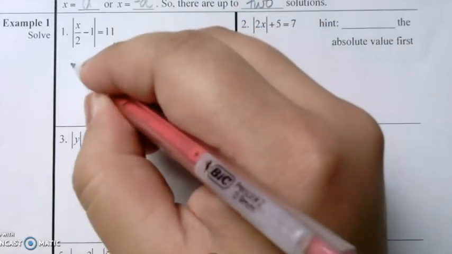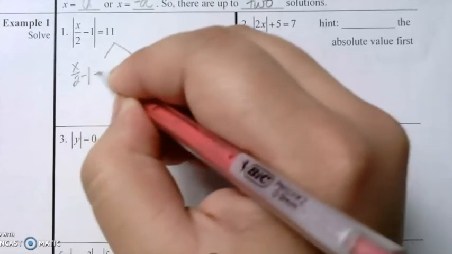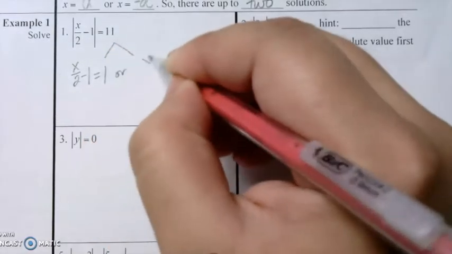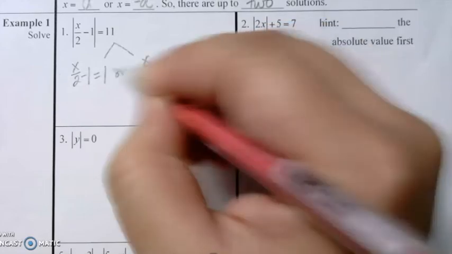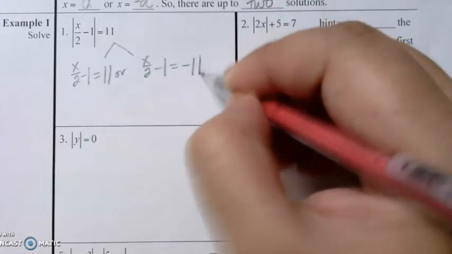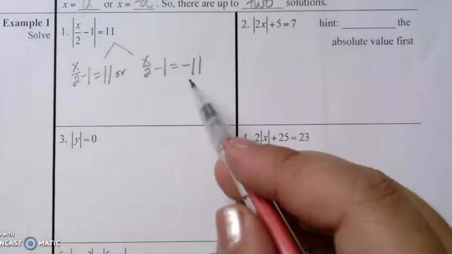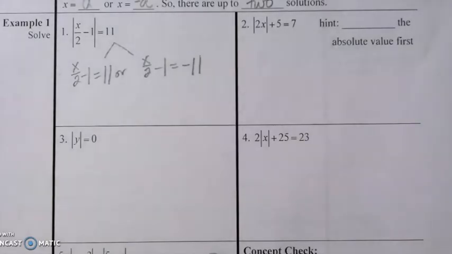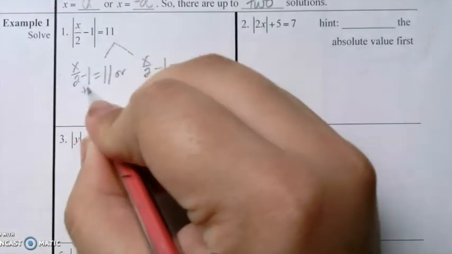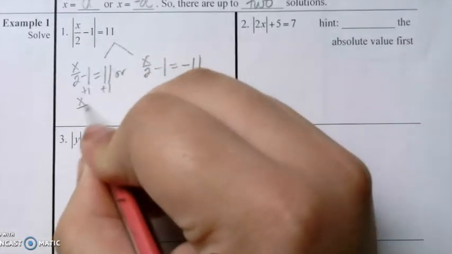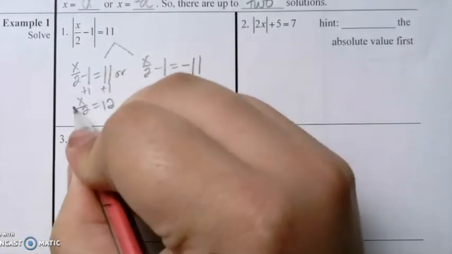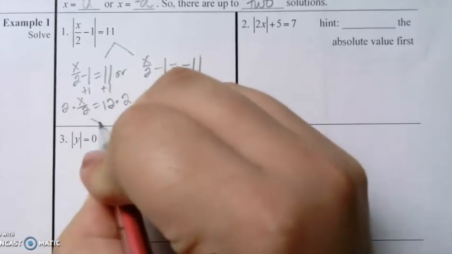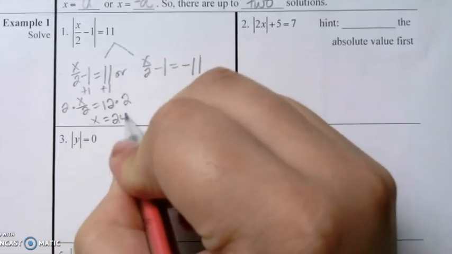So we can say that x over 2 minus 1 is 11, or x over 2 minus 1 is negative 11. And then we solve these 2 equations separately. Now remember, or means that the answer could be one or the other. So when we solve this, add 1 to both sides, x over 2 is 12, multiply by 2 on both sides, then x is 24.